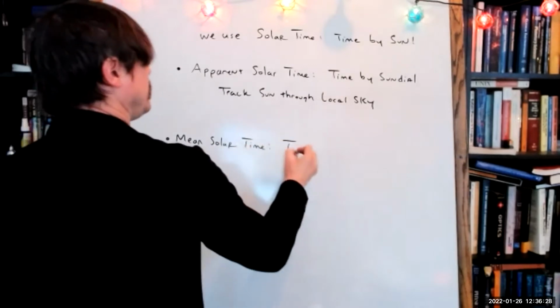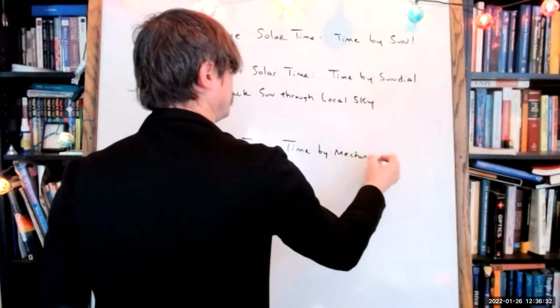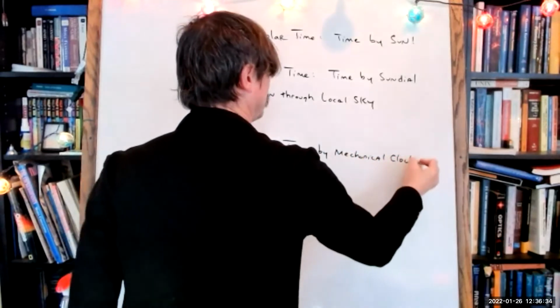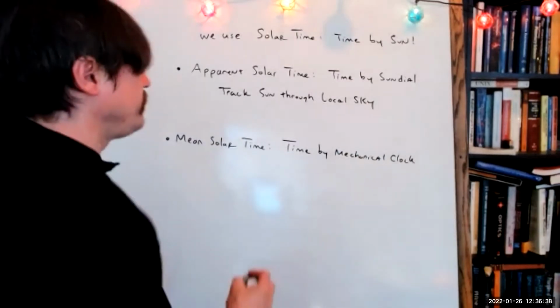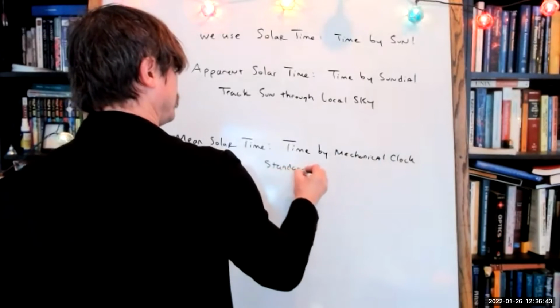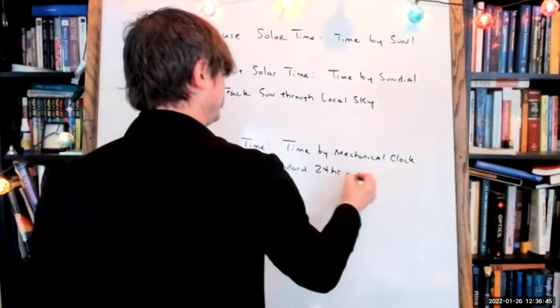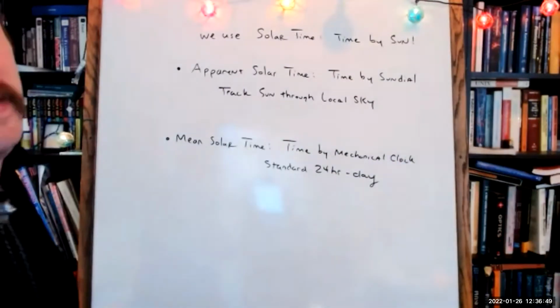Mean solar time is time by a mechanical clock, okay? And in mean solar time, you have a sort of standard 24-hour day. You try to make each day 24 hours, the length of the hours to be the same.